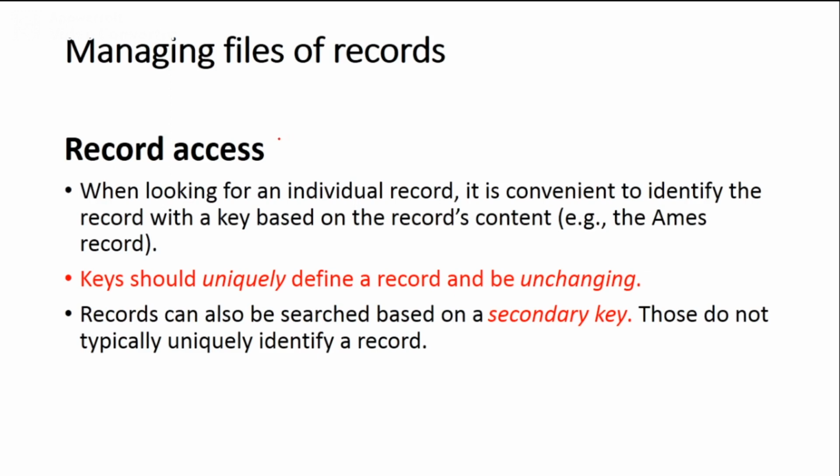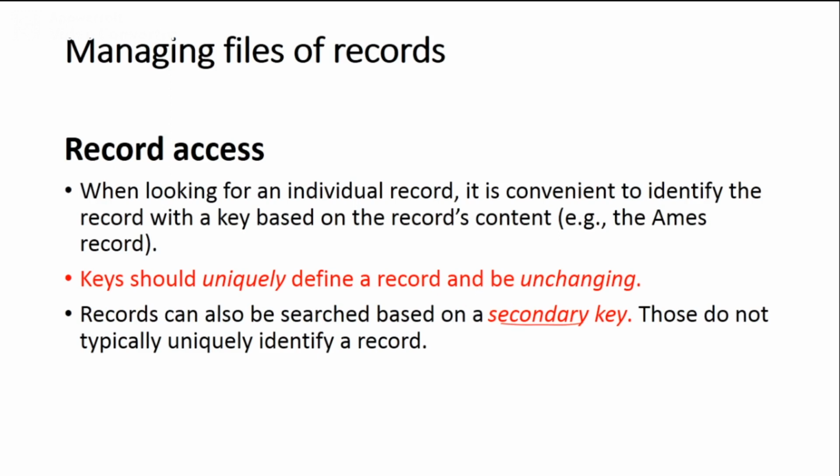That's why the secondary key concept will be a convenient method of accessing a record. Instead of going for the primary key, if we go for the record's content which is unchanging, that will be good for record access, and we can call that the secondary key concept. In the secondary key, you can opt for the name or any other fields.